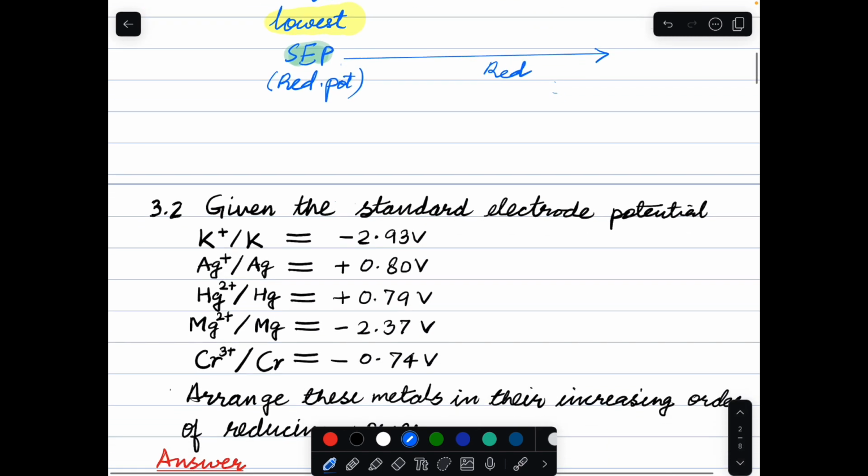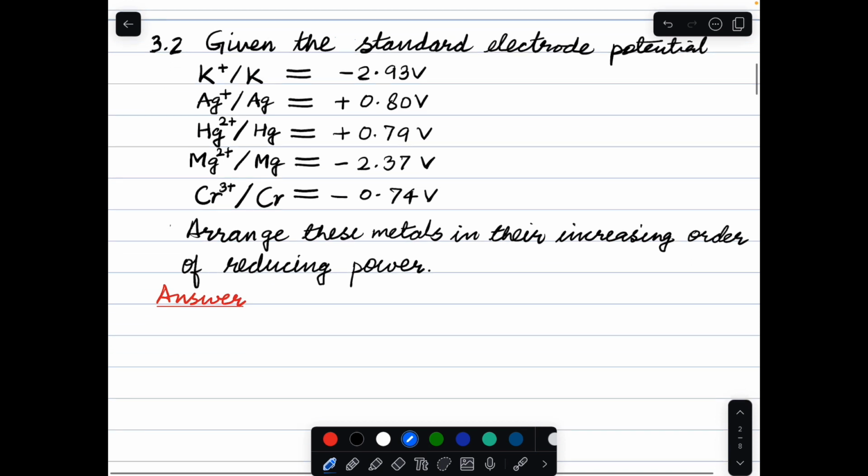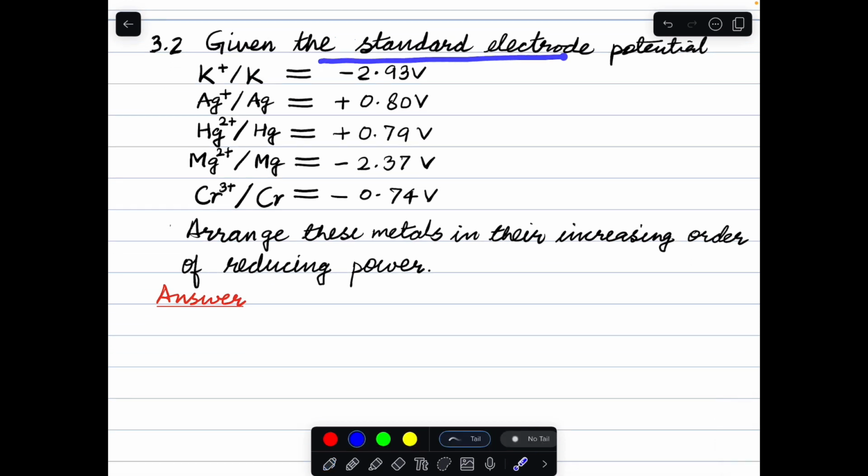Next question: given the standard electrode potential values. They have given you five standard electrode potential values, and we have to arrange these metals in their increasing order of reducing power. Increasing order of reducing power, what does that mean?